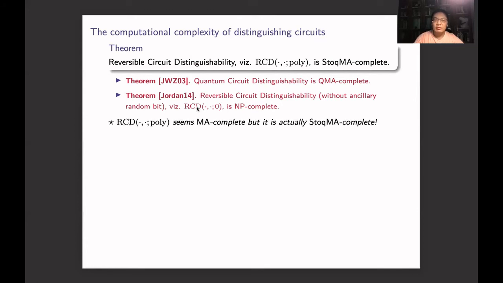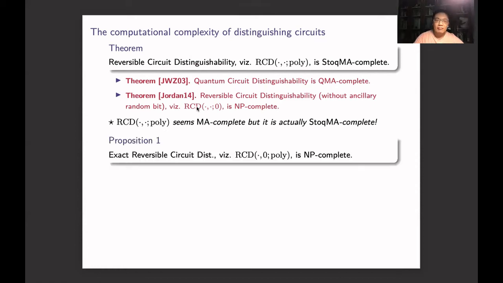So this problem seems to be MA complete, but in fact, it's StoqMA complete. Furthermore, we show that exact reversible circuit distinguishability, namely where the inner product in the no instance is 0, is NP complete.